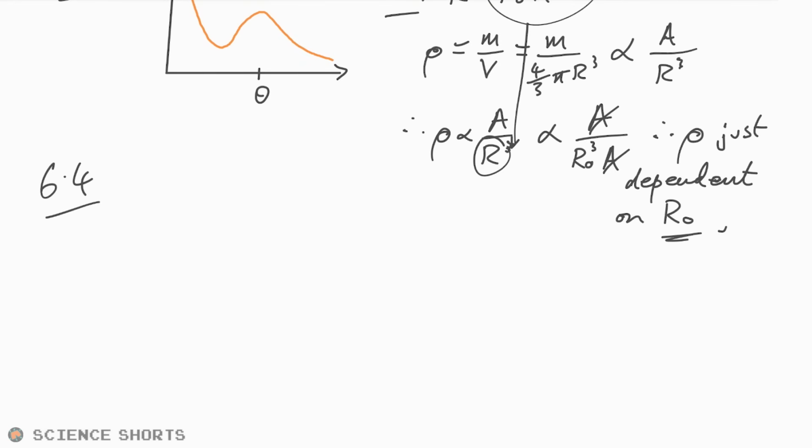6.4. The equation is derived from experimental data. Yes, that the density of all particles is the same, first. Whatever. Suggest one reason why the constant derived from this equation is only approximate.